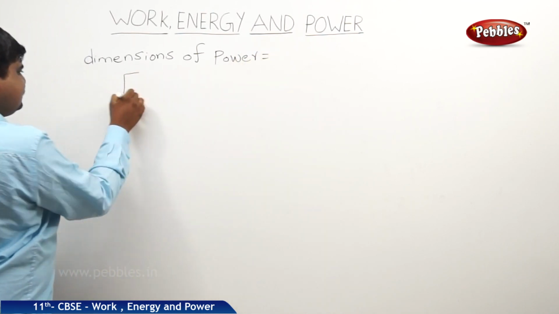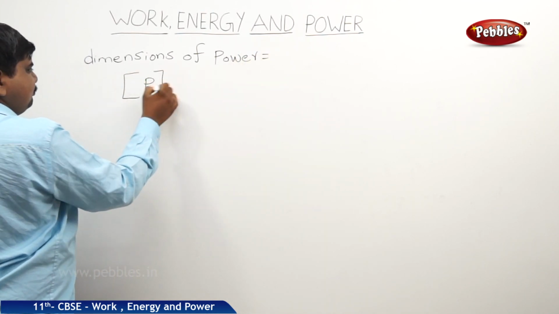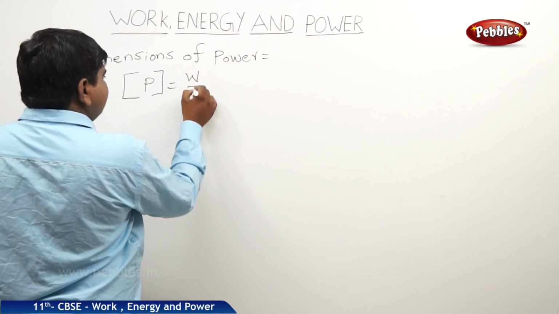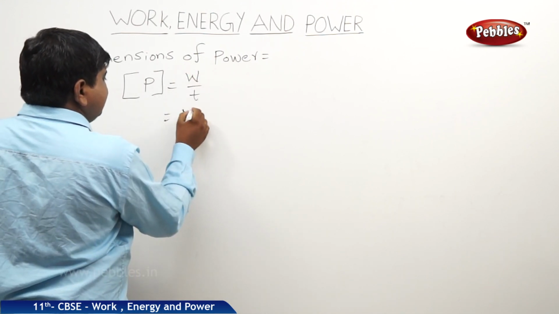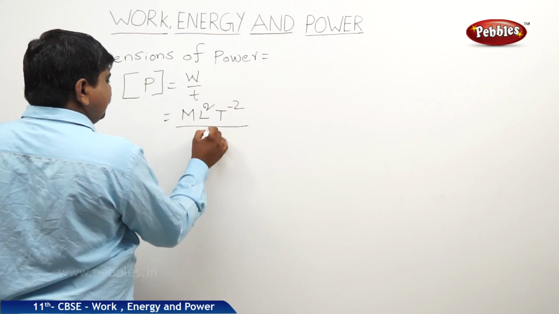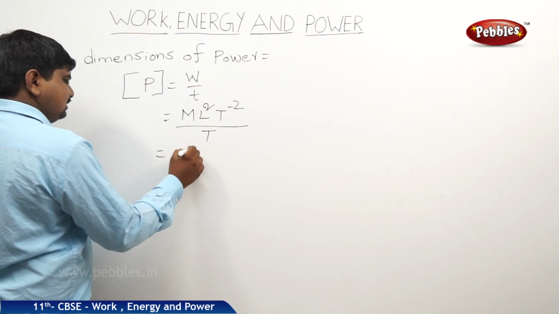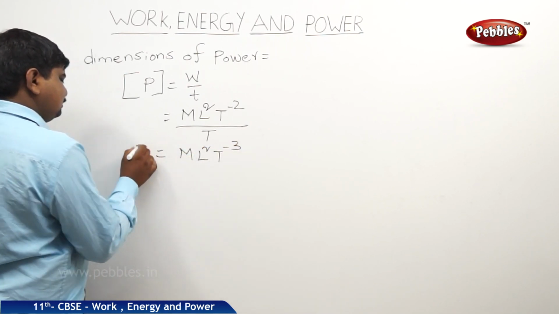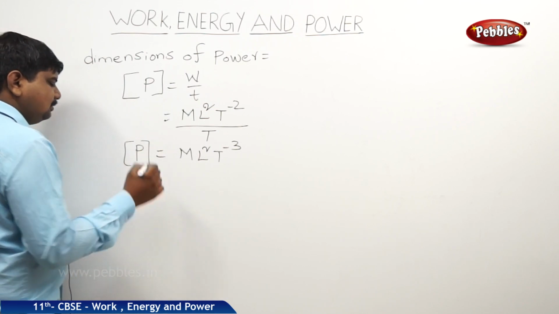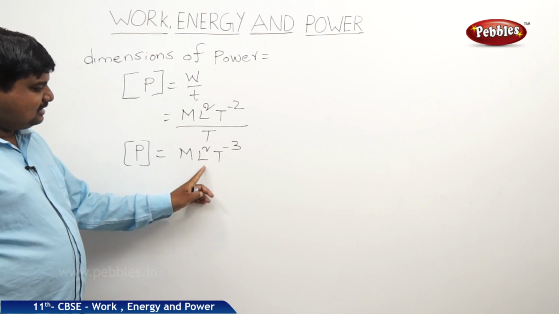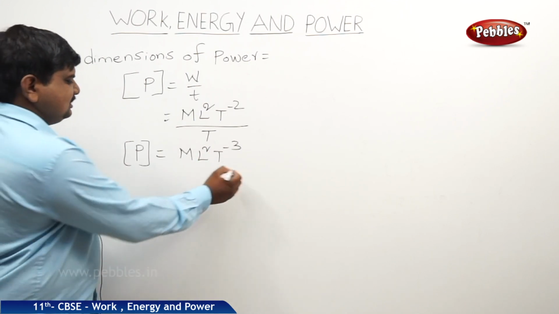The symbol is in square brackets, P is equal to, as we know, work by time, where work is ML square T power minus 2, divided by T. Therefore, it is ML square T power minus 3. So power has one dimension in mass, two dimensions in length, minus three dimensions in time.